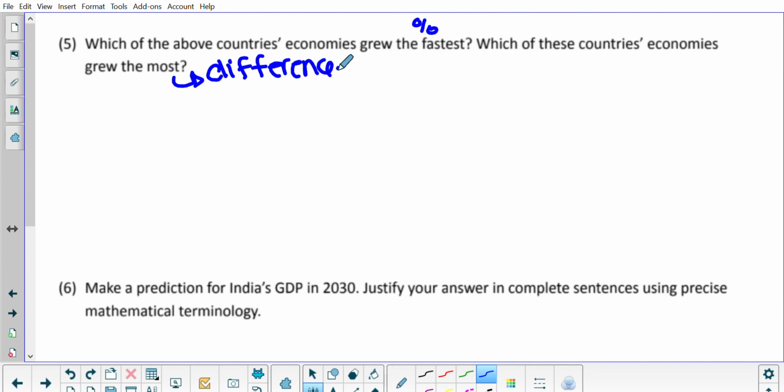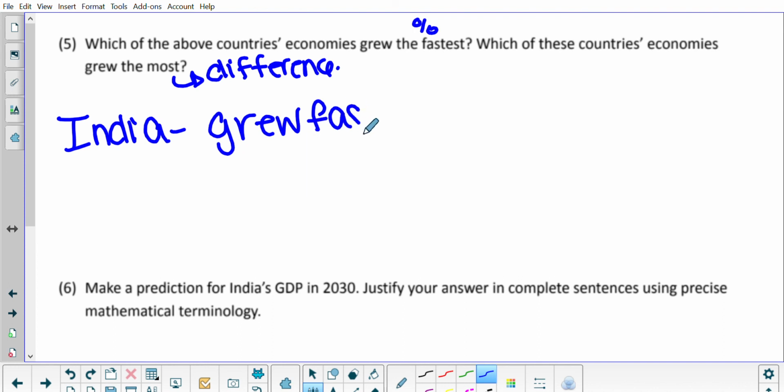I want you guys to answer which of the above countries grew the fastest. Okay, and if we look to see which one grew the fastest, we see that India grew the fastest because it had a bigger percent.